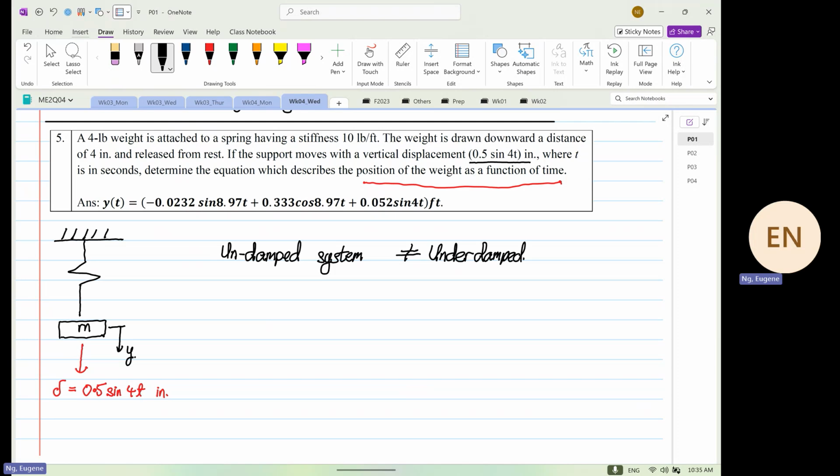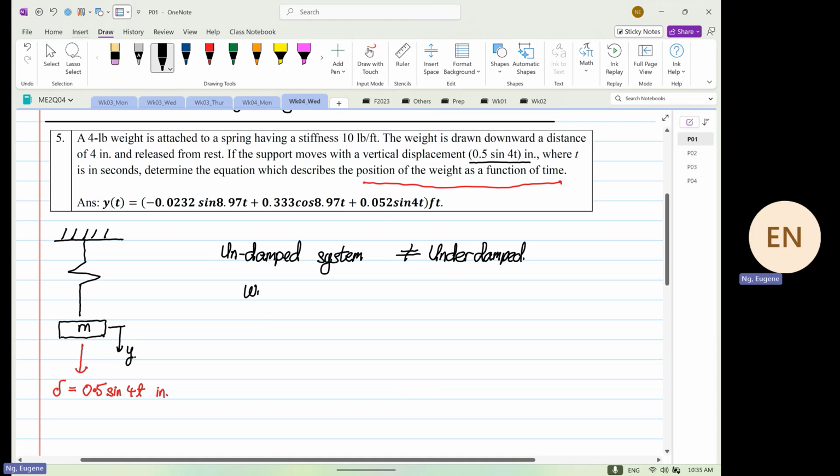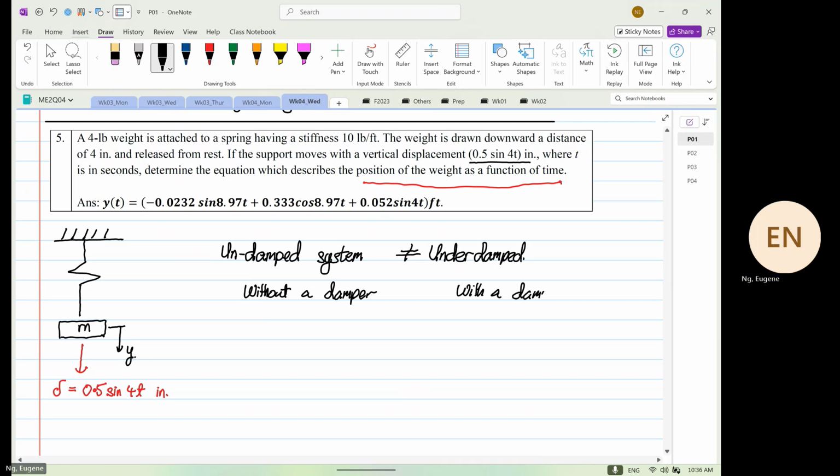It's not. Undamped is without a damper. Underdamped is with a damper. Are we clear?